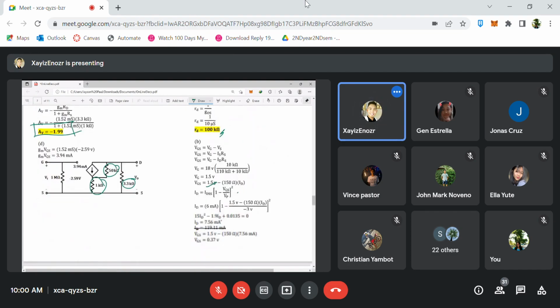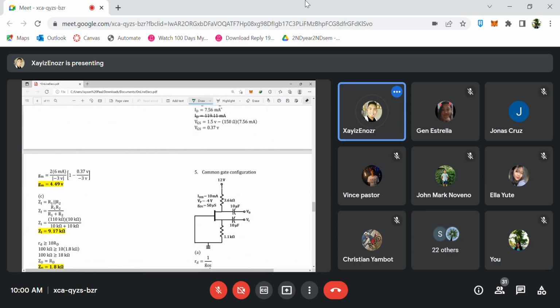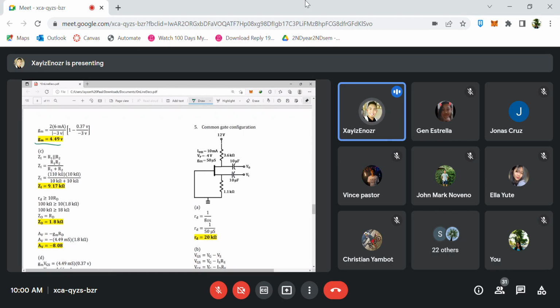After that, mahahanap mo si VGS, 0.37 volts. Then you can now determine yung transconductance gm. And after that, you can now determine yung input impedance, that is yung parallel equivalent ng R1 and R2, that is 9.17 kilo ohms.